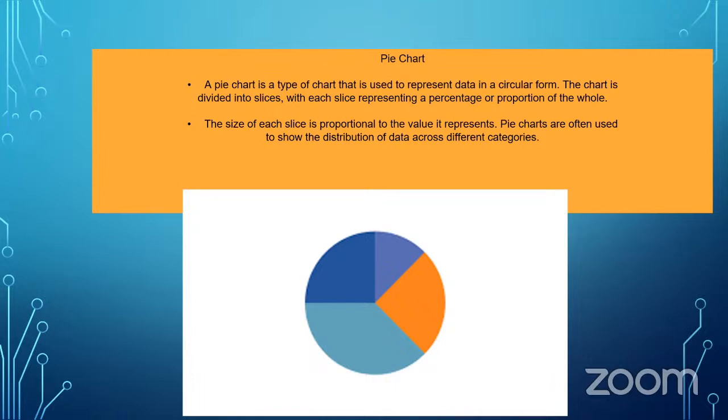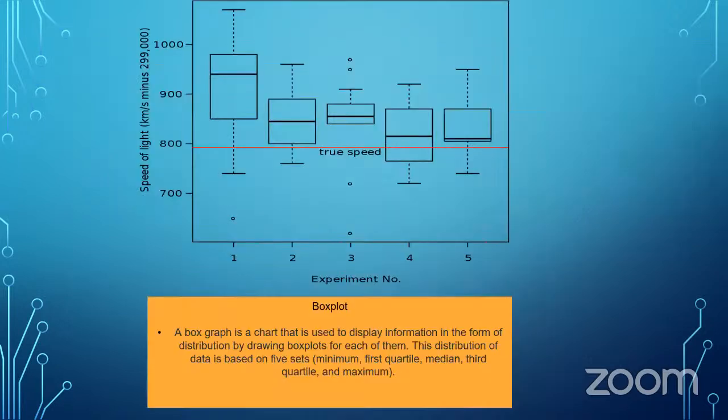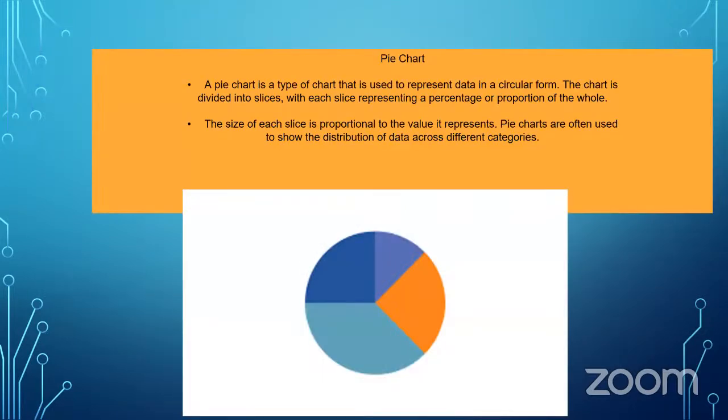Pie charts are often used to show the distribution of data across different categories. So this is the pie chart. Total is the 360 degrees. So you are dividing the values by these 360 degrees. Okay.